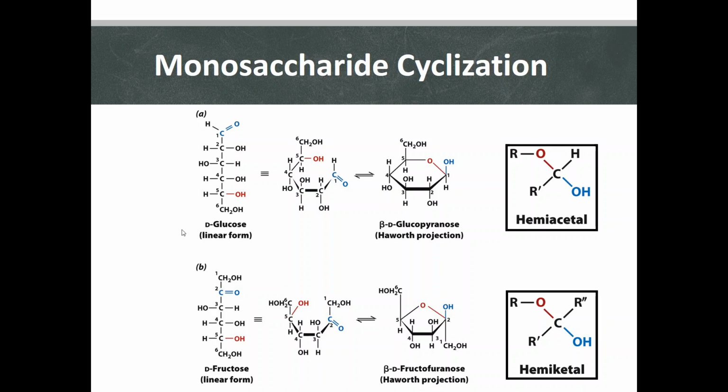In the case of D-glucose, what you can and do see is reaction of your C5 alcohol with your aldehyde. There's enough flexibility here where this can wrap around, and the C5 alcohol can undergo nucleophilic attack on that carbonyl, that aldehyde group at your carbon 1, your carbonyl carbon. This is going to then drive ring closure to give you a closed ring form of glucose.